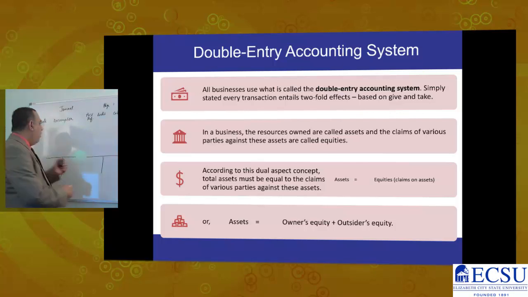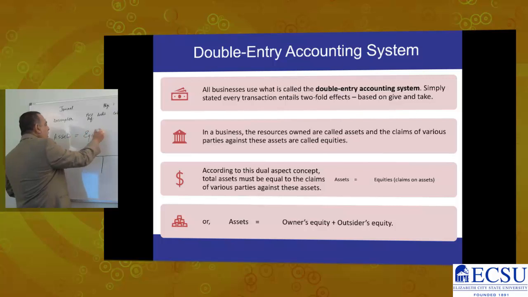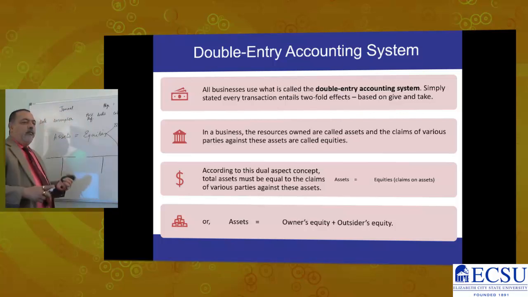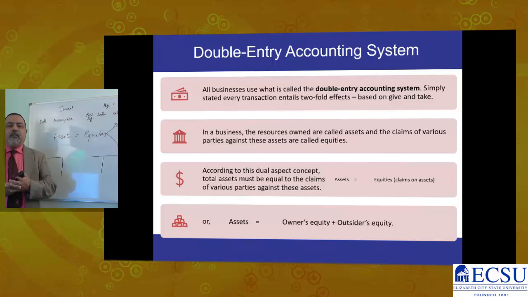Assets will always be equal to the equities. Now, as I said to you, this equity can be owner's equity, or it could be outsider's equity. Now, the owner, of course, for accounting purposes, is also treated as separate from the business.